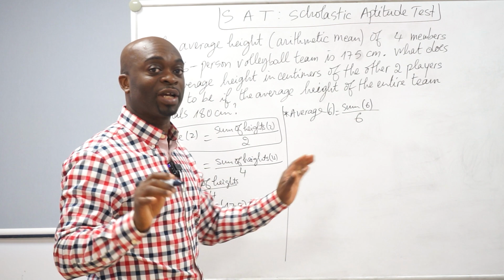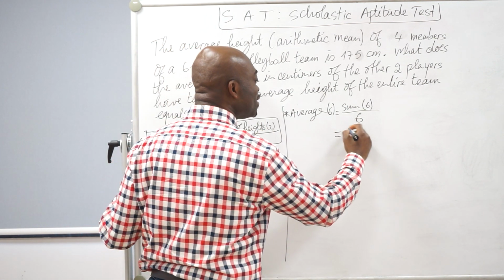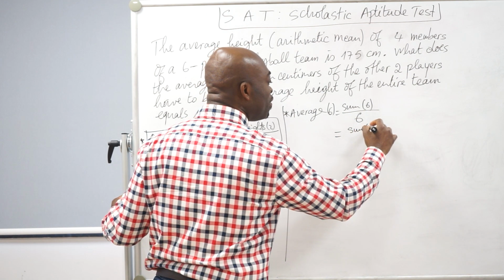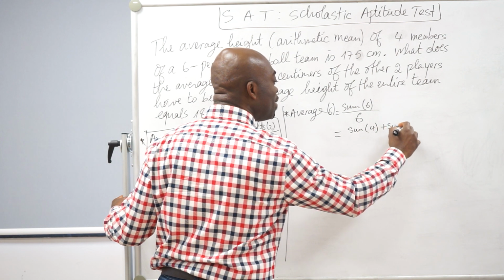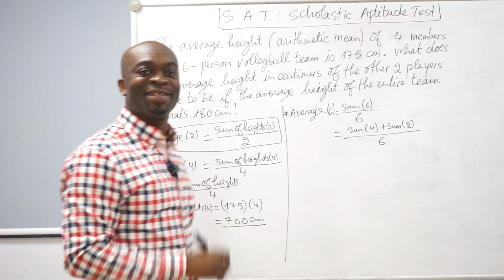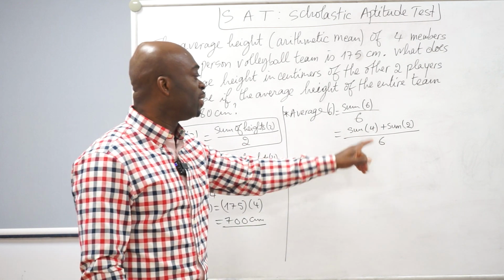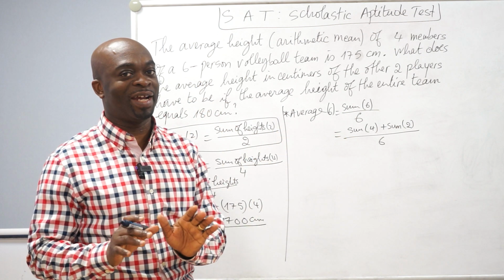That is the same thing as the sum of the height for the 4 players plus the sum of the heights for the 2 players, all divided by 6. See how we're simplifying the whole thing now? And remember, 4 and 2 are not numbers to be used.